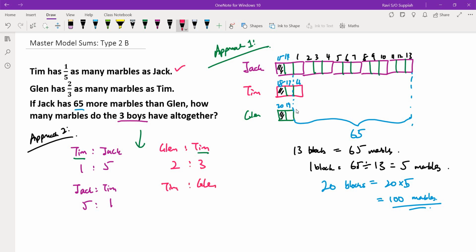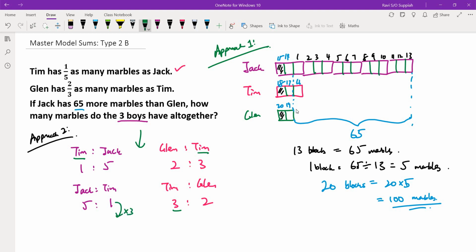Now what we need to do is make sure that the numbers for the common item, or in this case common person, is the same. So on the right hand side I have 3, on the left hand side I have 1. So in order to make 1 to 3, I need to multiply by 3.